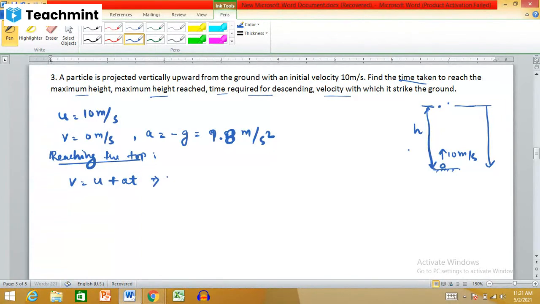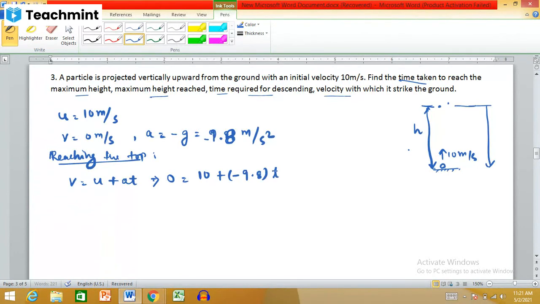So v is equal to 0, u is equal to 10, and a is minus, as we have taken minus.